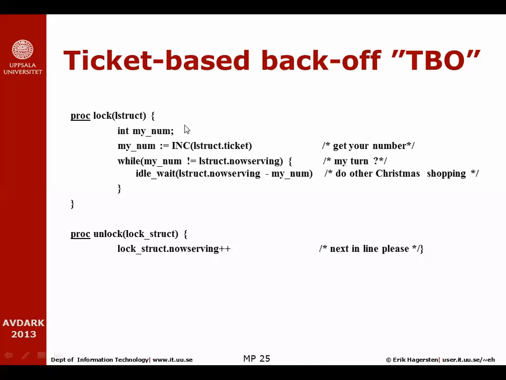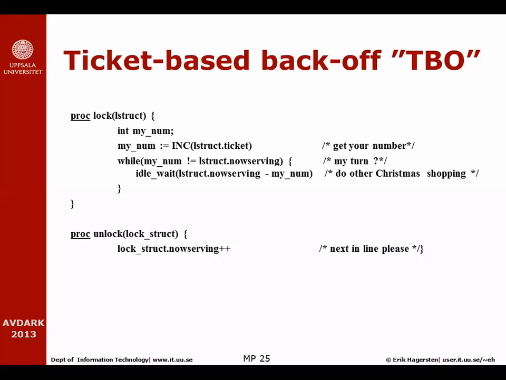There are other kinds of back-off strategies. You can have an exponential back-off strategy. Just randomly choose a number. When you come back, if you're not being served, randomly choose a larger number based on the exponential back-off strategy, to make sure that we don't have 1,000 threads eagerly spinning.